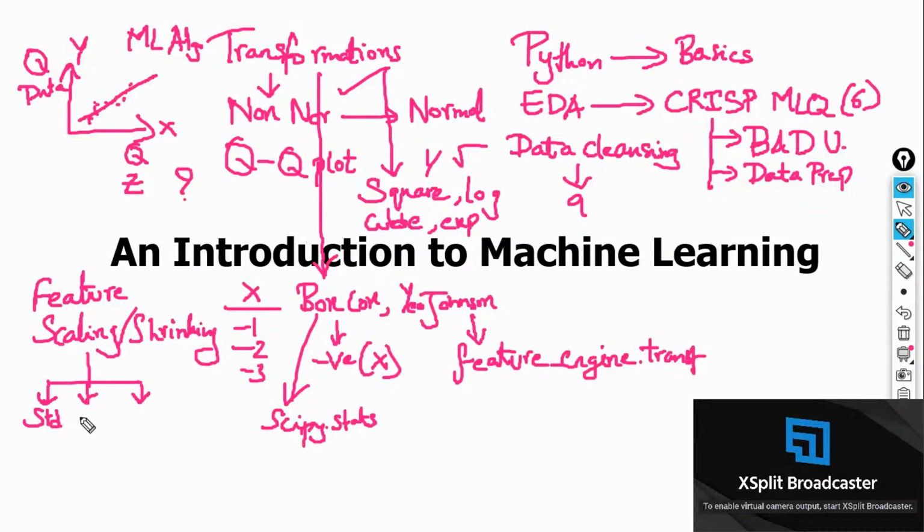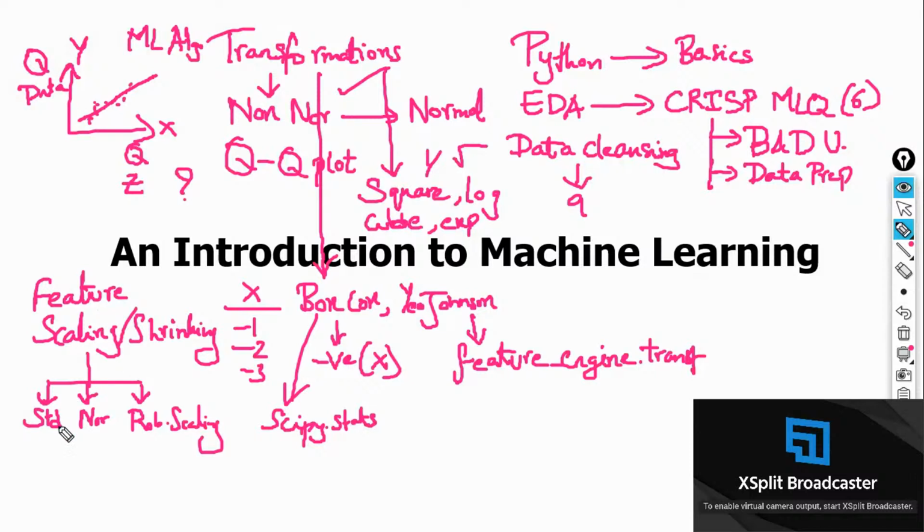Standardization, good. Normalization, perfect. And robust scaling, good friends. So standardization, normalization, and robust scaling are the three different techniques that are part of feature scaling.